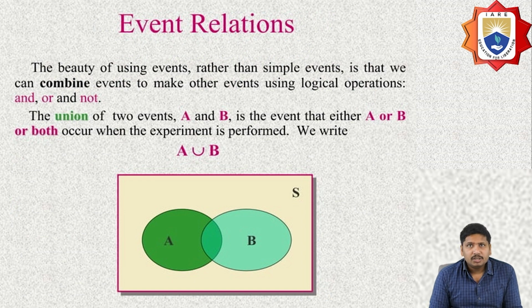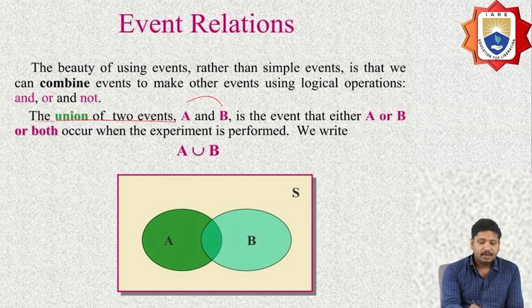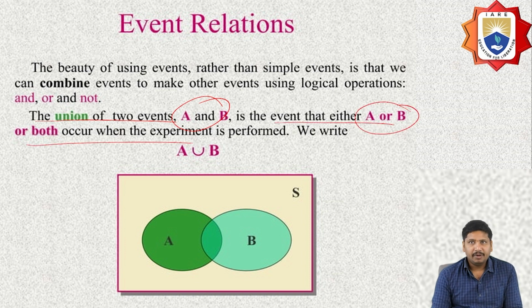And next, we are going to discuss event relations. The beauty of using these events rather than simple events is that we are able to combine events to make other events using the logical operations and, or, not. The union of two events A and B is the event that A or B, or both, can occur when an experiment is performed.